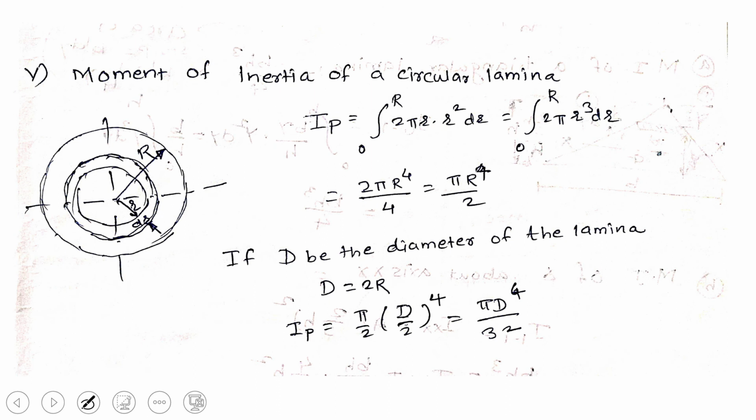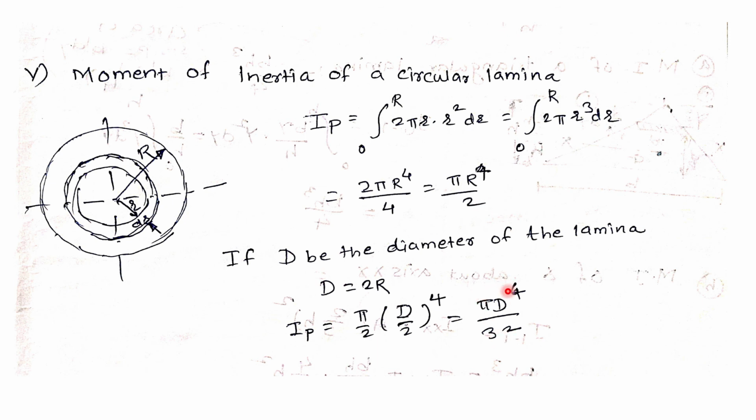In the same context, when we have a circular lamina, for calculation of its moment of inertia we again consider an elemental strip at a distance r, and integrate over the radius from 0 to capital R. The area of the strip is again twice pi r, and doing a simple integration, in terms of capital R, the polar moment of inertia of the circular lamina is pi R to the power 4 by 2.